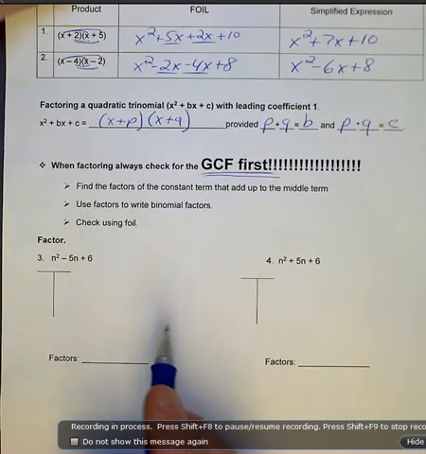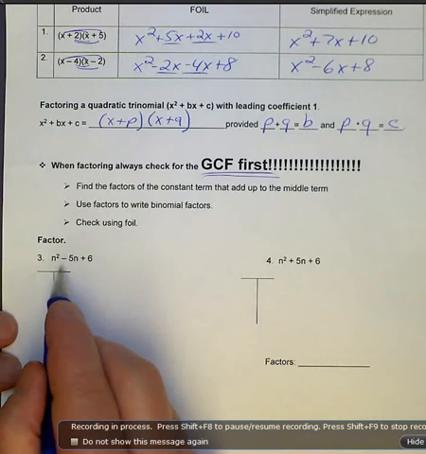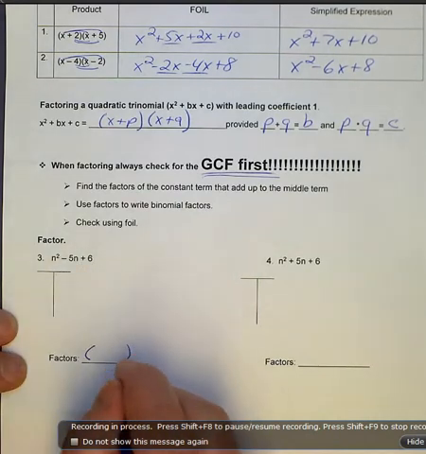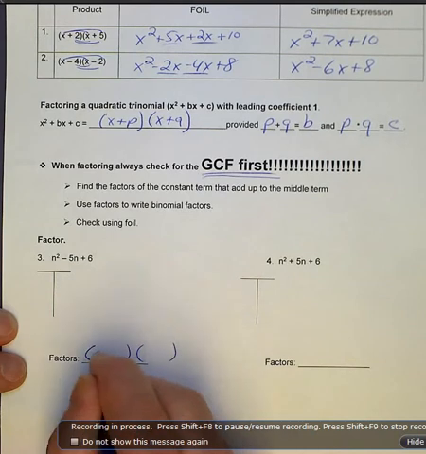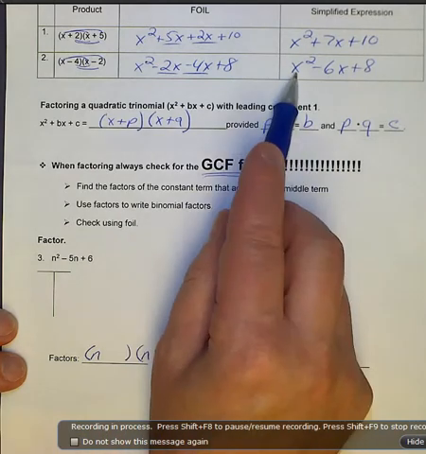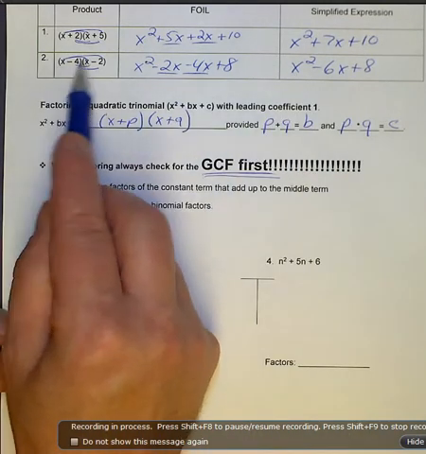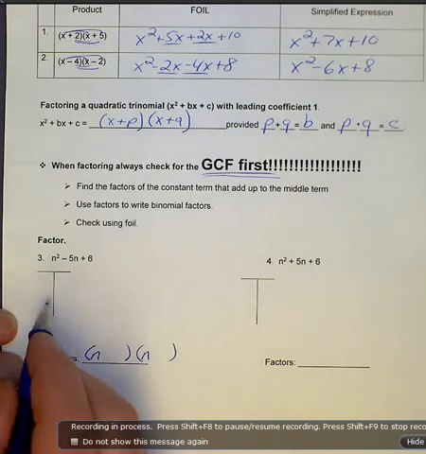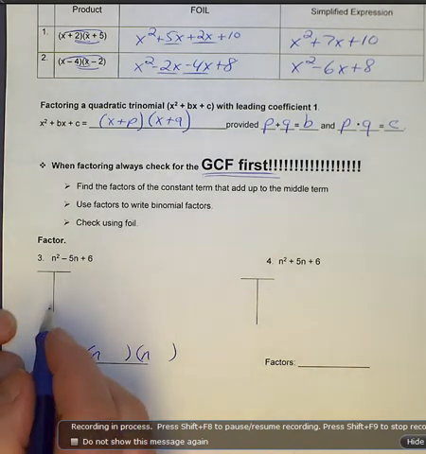So, number 3, n squared minus 5n plus 6. I know that I'm going to have an n here and an n here to get that n squared. So up here I had an x squared. I know there was an x and an x there to give me that x squared. That's where I'm getting the n's from. I'm going to use something called a product sum chart, a T chart some teachers call it.